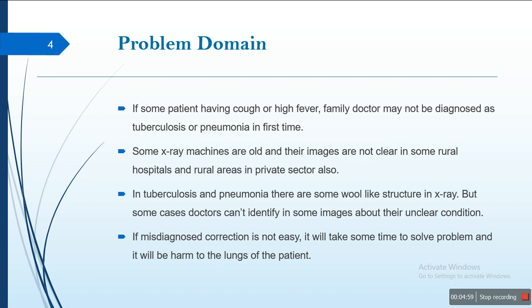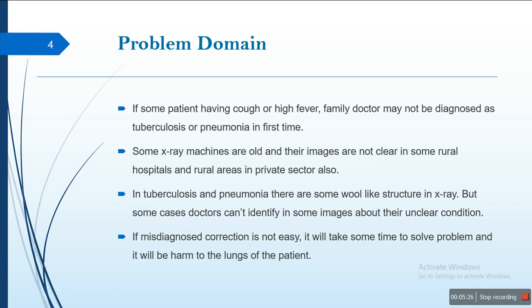If a patient has only a cough, most doctors don't suspect that it is tuberculosis. In this situation, the patient may go into a bad condition. There are many similarities between both diseases, tuberculosis and pneumonia. So a main part of this research project focuses on image processing for tuberculosis and pneumonia.